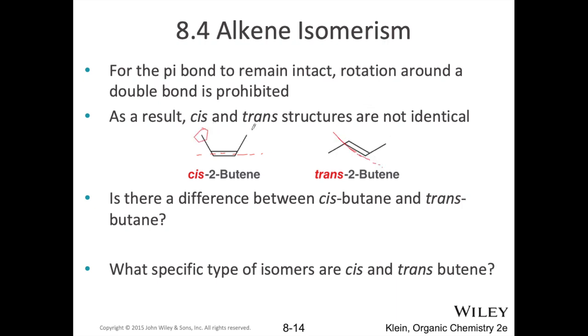If you have your identical groups on the same side of that border, that's cis. If they are on opposite sides, that's trans. So just remember that when you're looking at the stereochemistry around alkenes. Of course, though, as I pointed out earlier, you've got to consider when you don't have 2 identical groups.